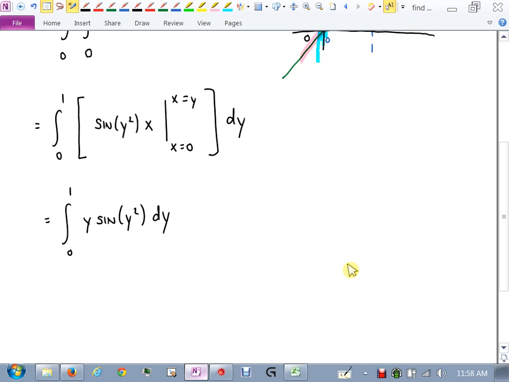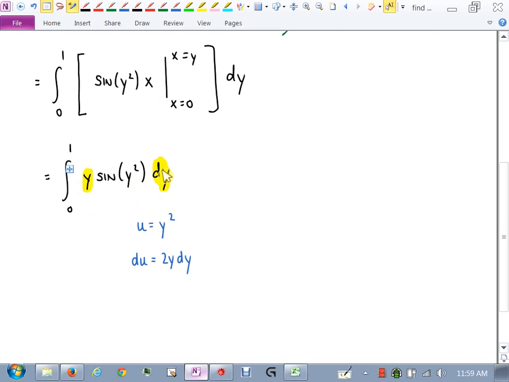Questions on that? Can you integrate that? That's a basic u substitution. u here would be equal to y squared. What's the derivative of u? 2y dy. You have a y dy, right? We didn't have that when we tried it the first way. We didn't have a y sitting out there. Now we do. We have a y dy right here.